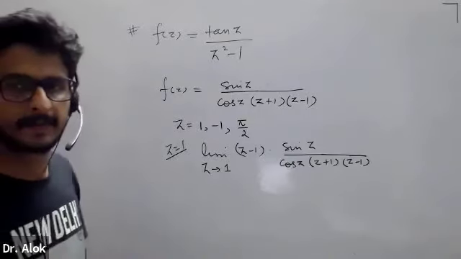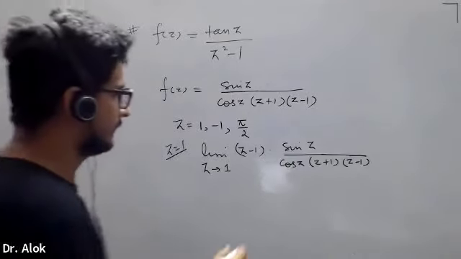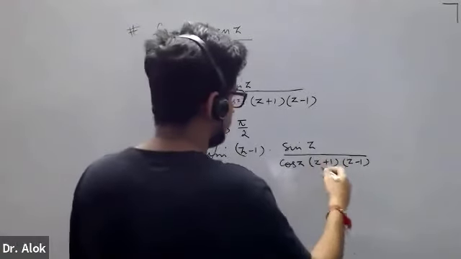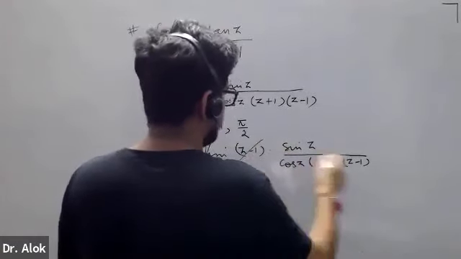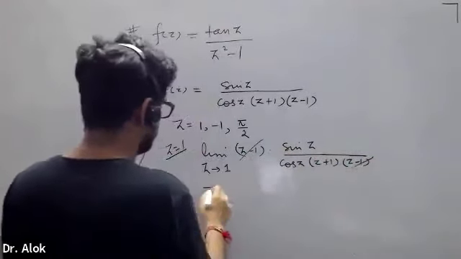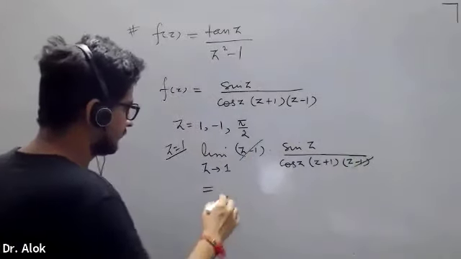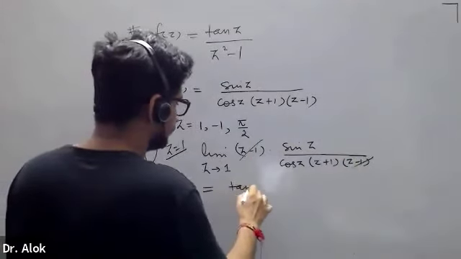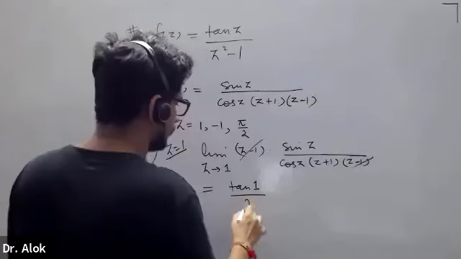Okay, and z minus 1 will be cancelled, so this will become tan of 1 over 2.